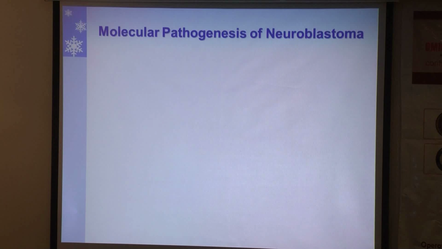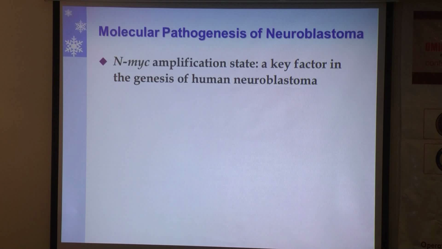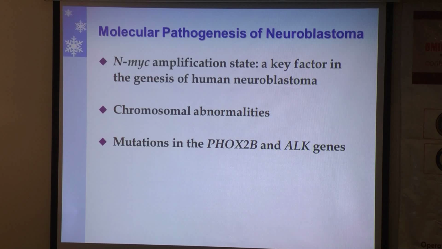But anyway, let us look at the molecular pathogenesis of neuroblastoma before we talk about the anti-tumor mechanisms. Again, as mentioned by the previous speaker, in about 20 to 30% of all neuroblastoma, there's so-called MYC amplification. This oncogene becomes amplified, and this plays a very important role because it is associated with high-risk neuroblastoma and also poor prognosis and survival. Again, there are chromosome abnormalities seen in neuroblastoma patients, for example, deletions in chromosomes 1 and 11.